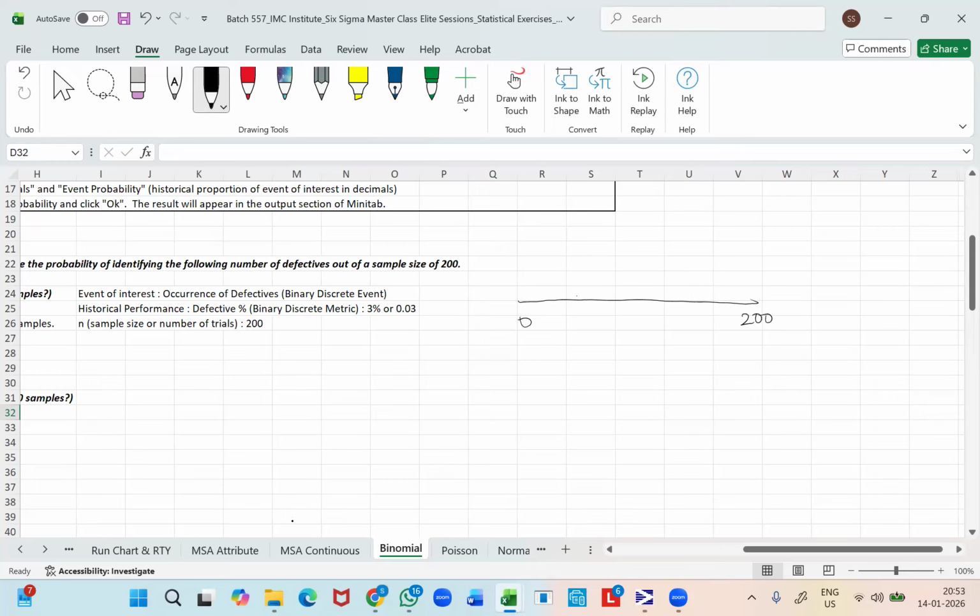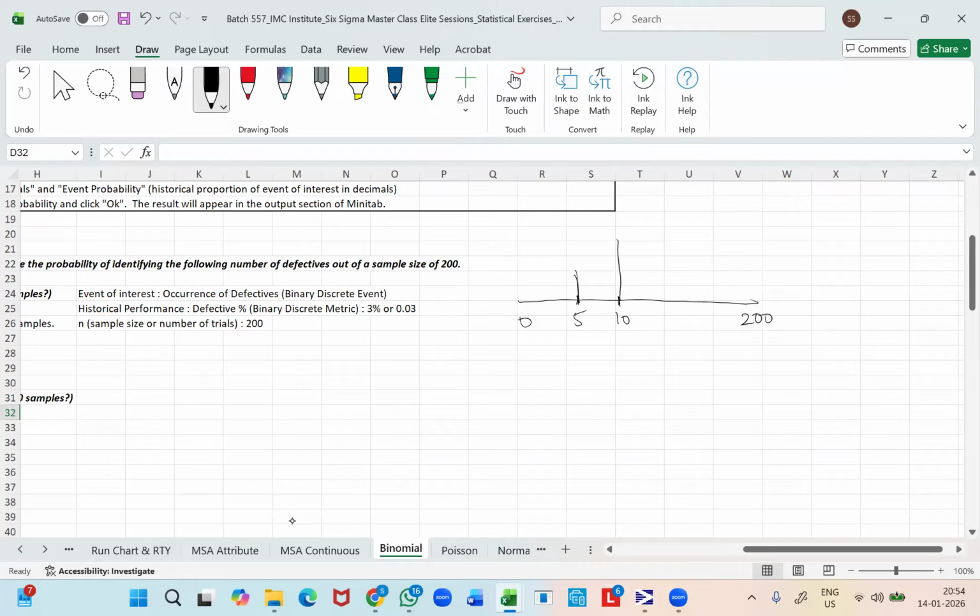For the first one, we estimated the probability of getting exactly 5 defectives out of 200 samples. For the second one, we have been asked to estimate the probability of getting maximum 10 defectives out of 200 samples. When I say maximum 10 defectives, it can be 0 defective, 1 defective, 2, 3, 4 defectives, up to 10 defectives.